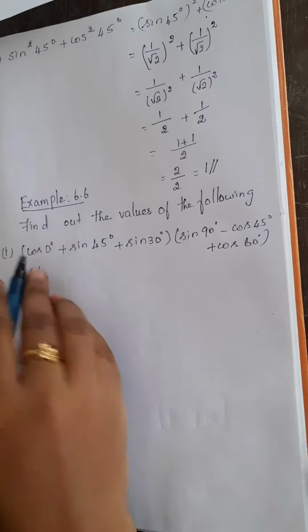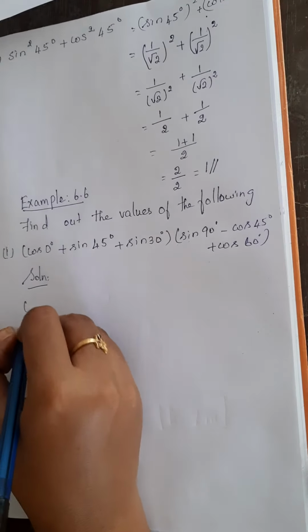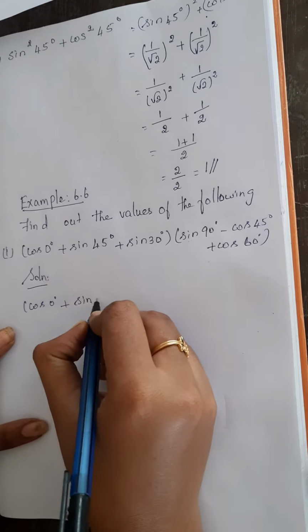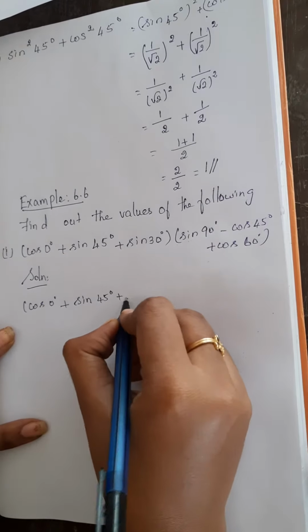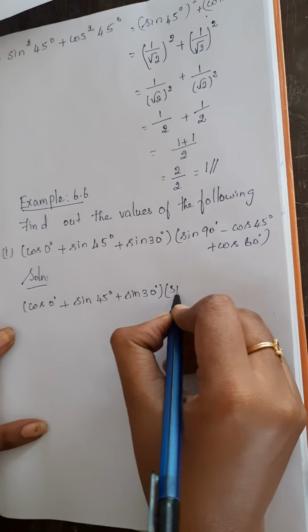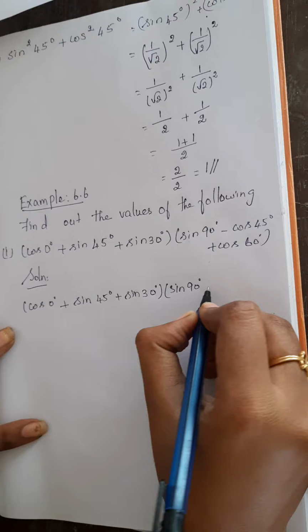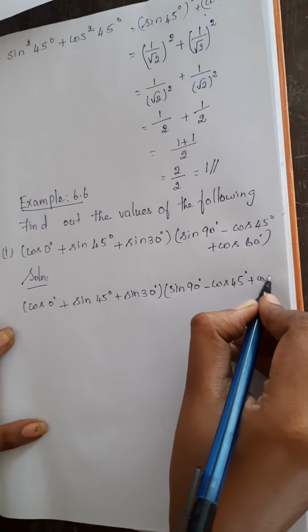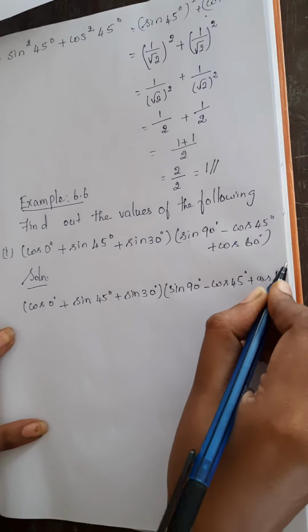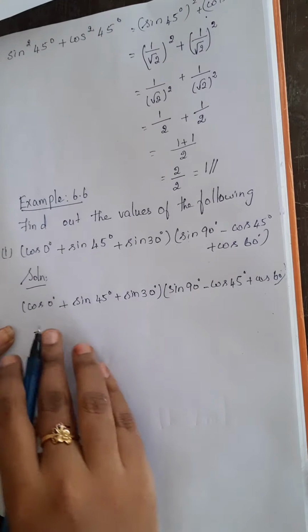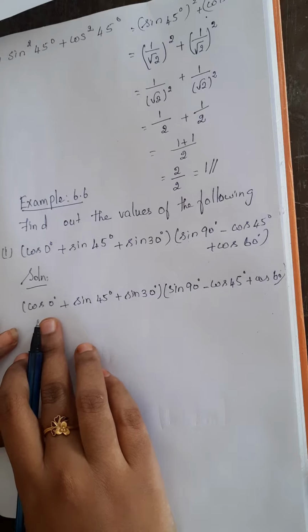Okay. Let's write it now first. Cos 0 degree plus sin 45 degree plus sin 30 degree into sin 90 degree cos 45 degree plus cos 60 degree. That is equal to, what is the value of cos 0 degree?